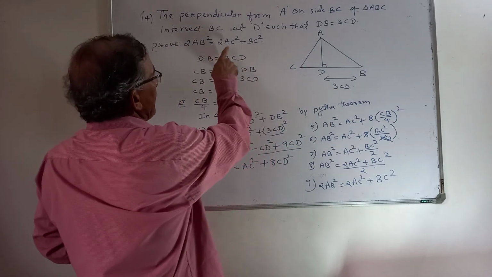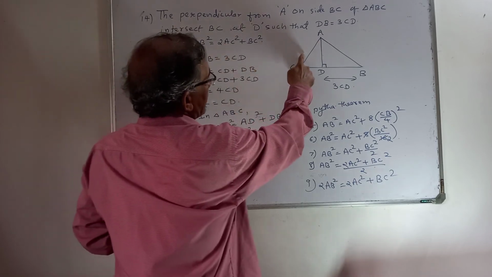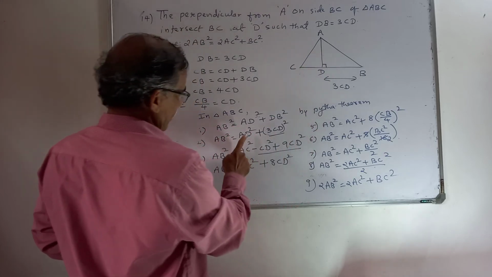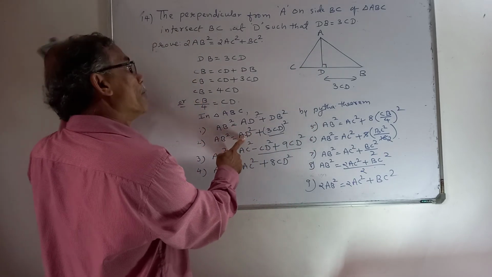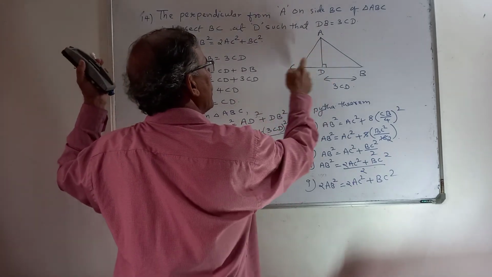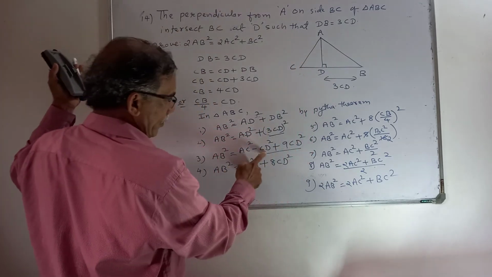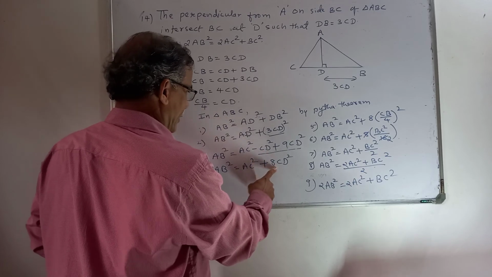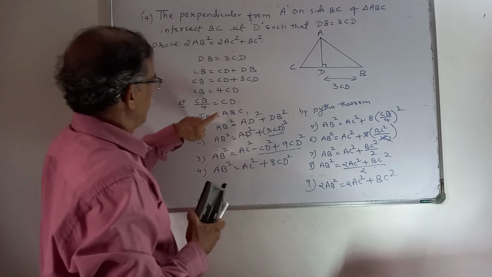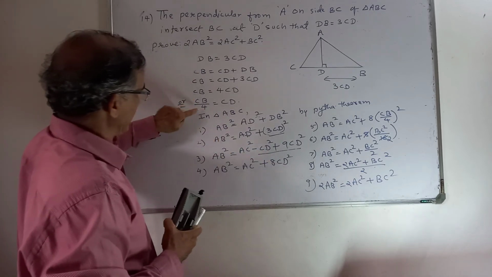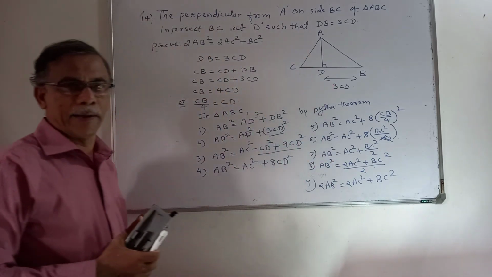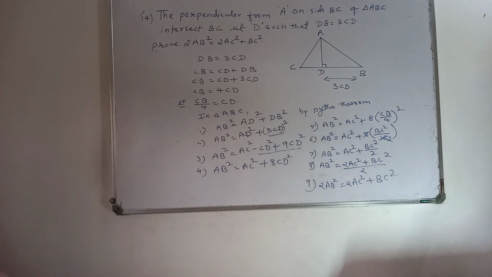Then we want AC, so we replace AD square with AC square minus CD square. Then 9 minus 1 becomes 8. For CD, we substitute CB by 4 and then do the calculation. That is how this proof is obtained.